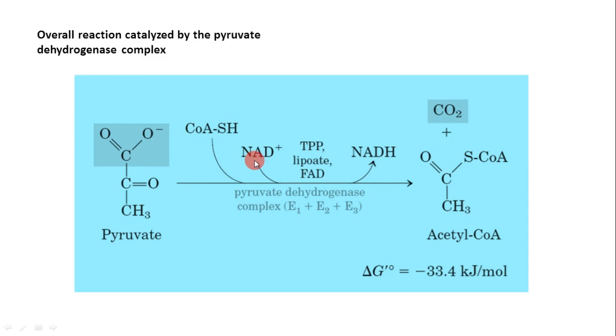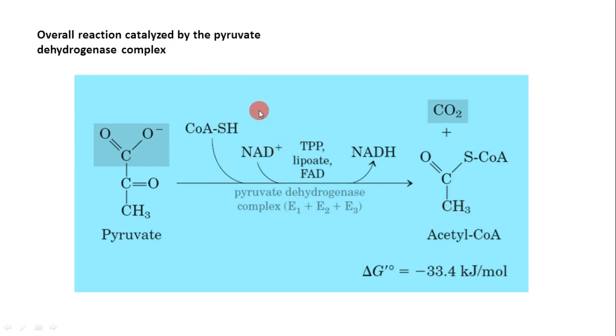And also one NAD takes up the hydrogen atom, and NAD becomes NADH plus H plus. As a result of the whole reaction catalyzed by the pyruvate dehydrogenase complex, finally acetyl coenzyme A is formed.